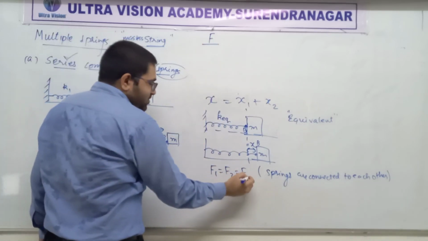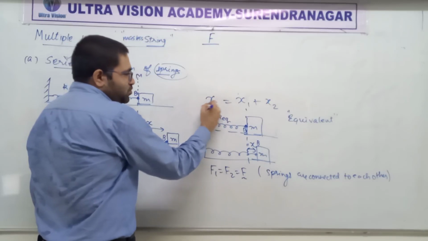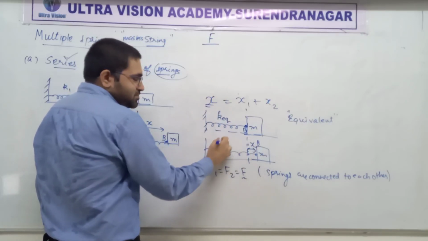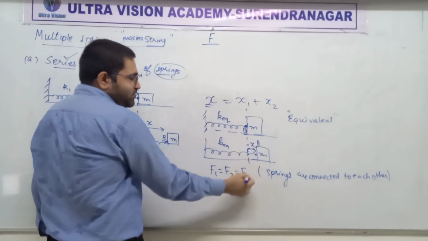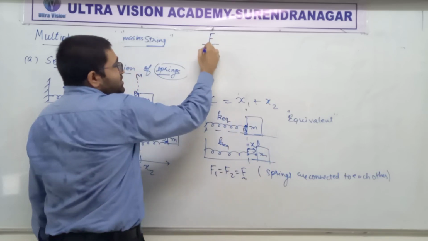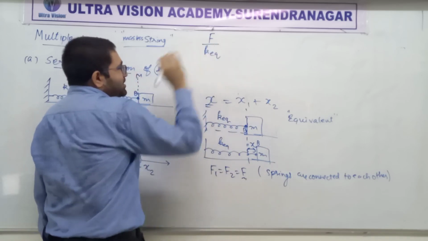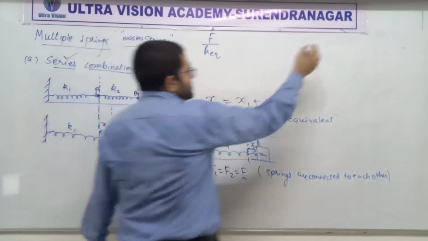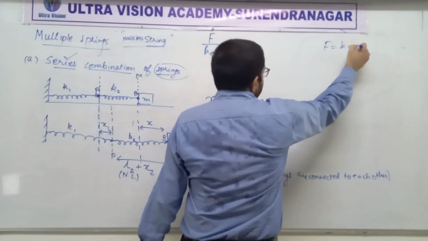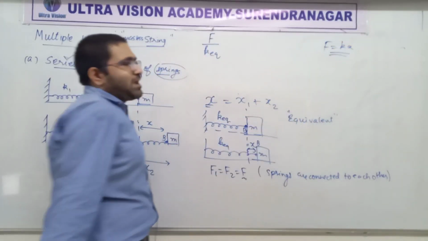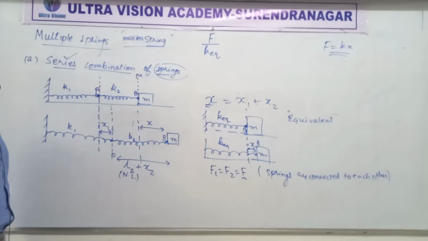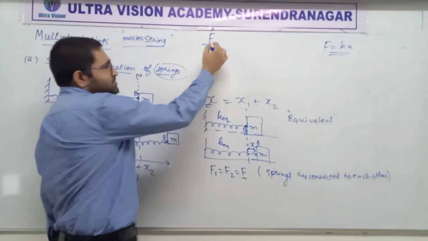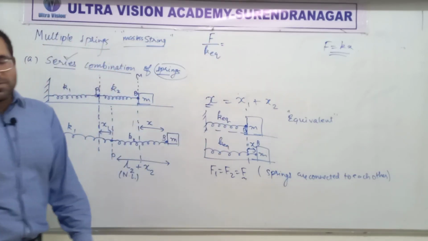For x, that is total. Here also it is x. So do you realize that here also, if the same force F is applied, we can write F upon K equivalent as x. Reason: for a spring, F is equal to Kx, just by using magnitude. Yes or no? Clear or not clear? This is the value of x. Clear or not clear?